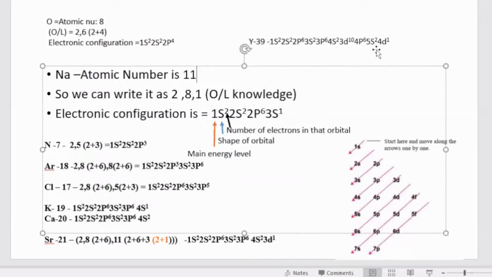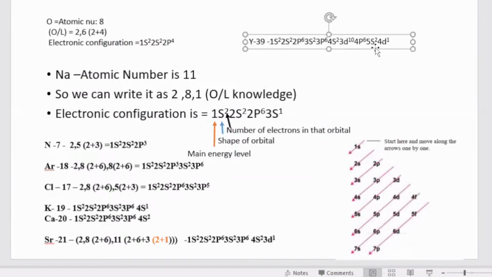Okay. Yttrium, that is how you need to write. Now I think you got it. Now forget the O levels. Remember this chart. Forget the O level.